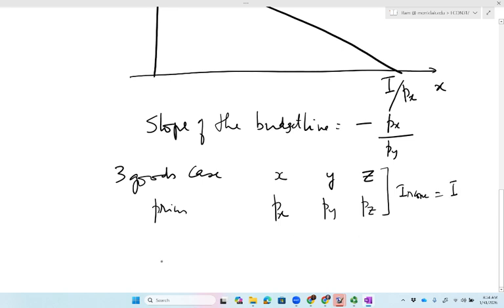Given this information, I could write down the mathematical expression for the budget set and budget line for the three goods. Price of good X times X. This is the money spent on good X. Price of Y times Y. This is the money spent on good Y. Price of G times G. This is the money spent on good G. Equal to the income.